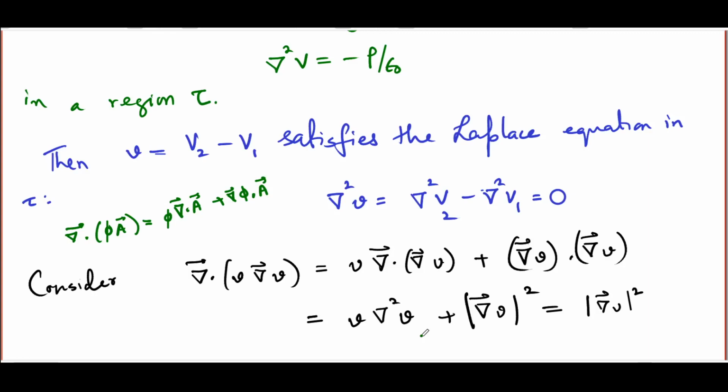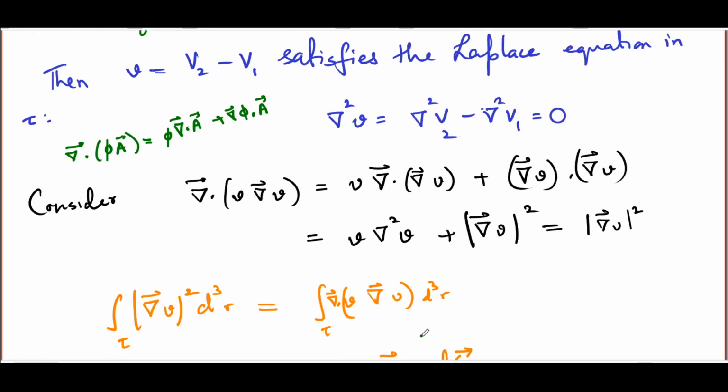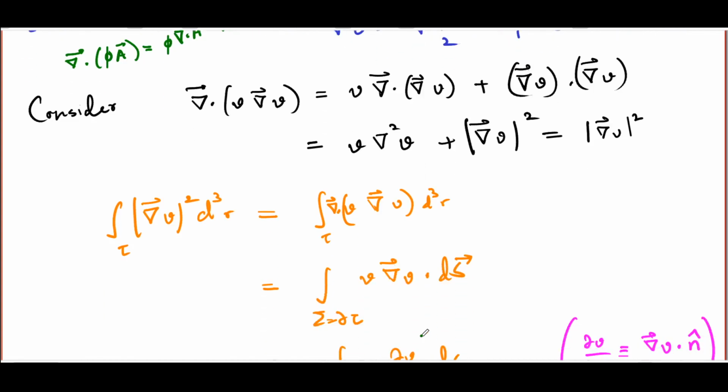Now, if you have a divergence of a quantity, the identity that you would immediately want to make use of is Gauss divergence theorem. That is, you would integrate this quantity over volume. So if you were to integrate grad v mod square over region tau, so grad v mod square dq bar integrated over tau, that's the same thing as integral over tau of divergence of v grad v dq bar, and this, according to Gauss divergence theorem, will be changed into a surface integral.